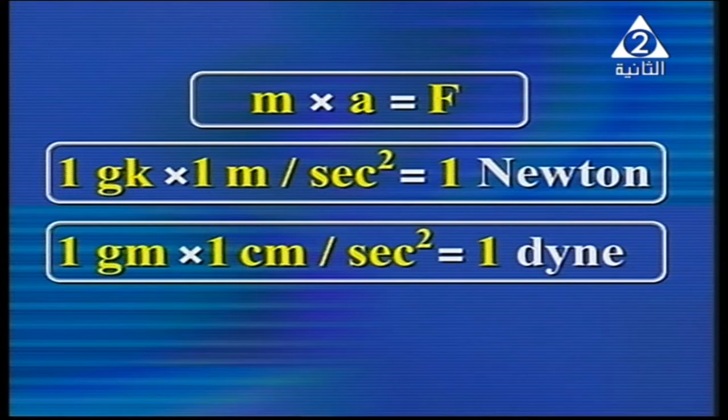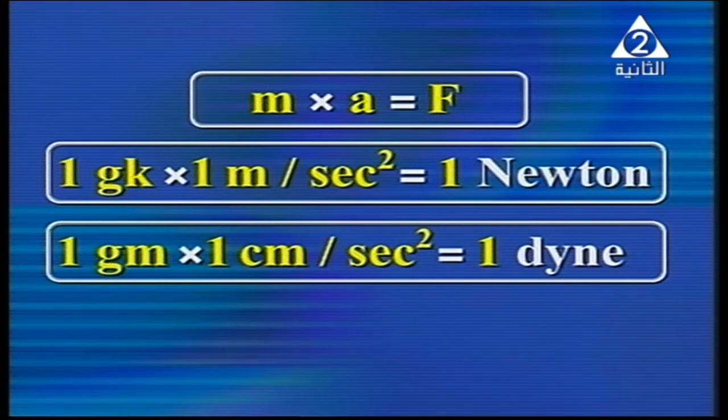Newton is kilogram meter over second square, but dyne is gram centimeter per second square. Remember, Newton equals 10 power 5 dyne, or dyne equals 10 power negative 5 Newton. What is the greatest?